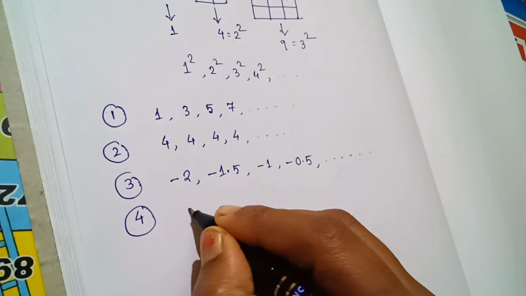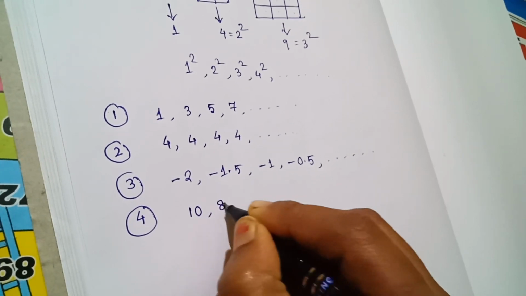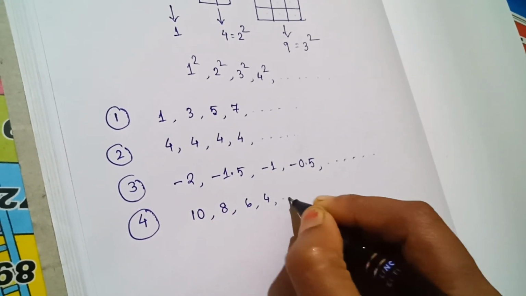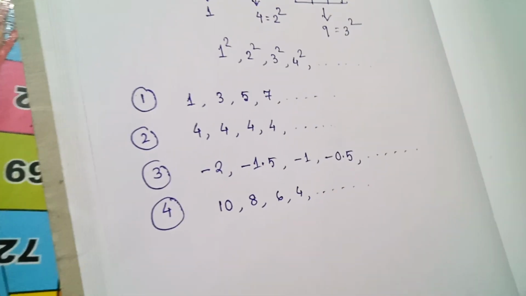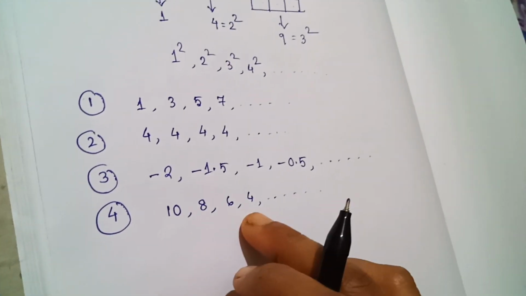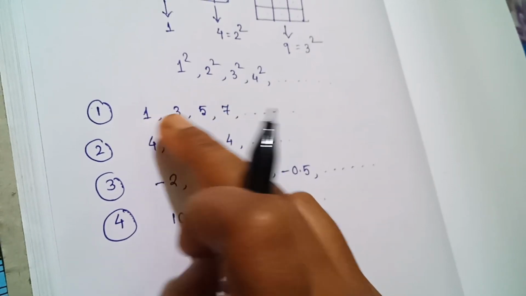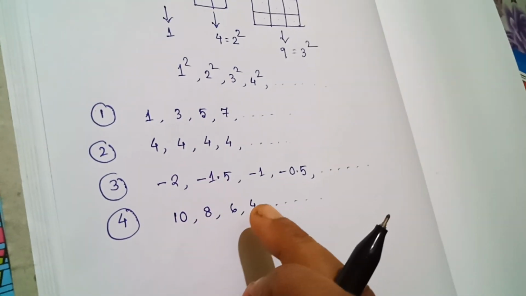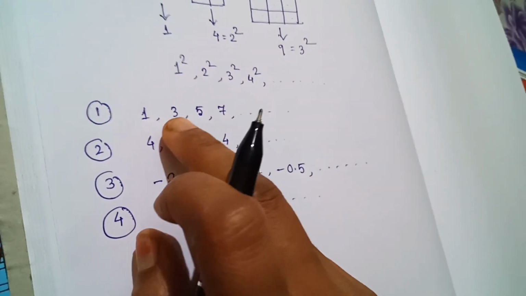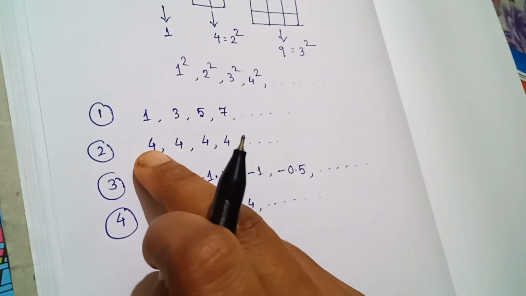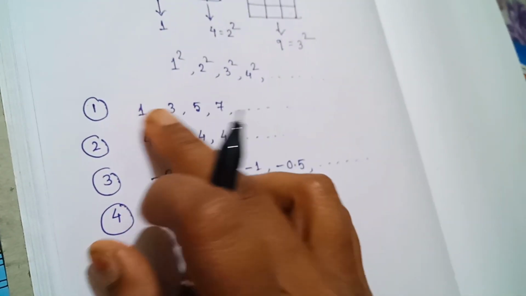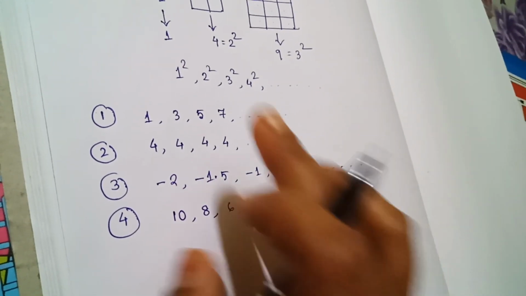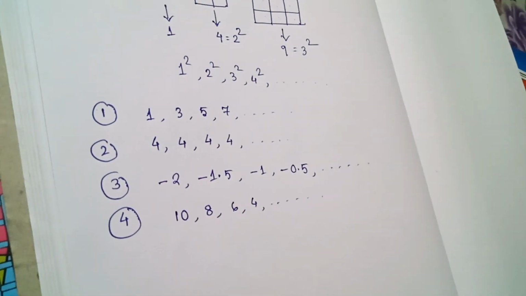Number 4: 10, 8, 6, 4, dot dot dot. So each of the numbers in this list is called a term. That means 3 is a term, 4 is a term, 1 is a term, 5 is a term.